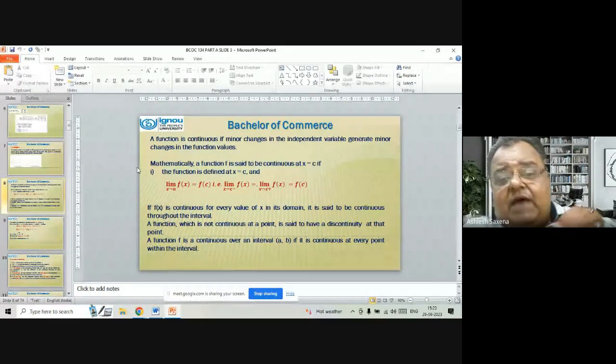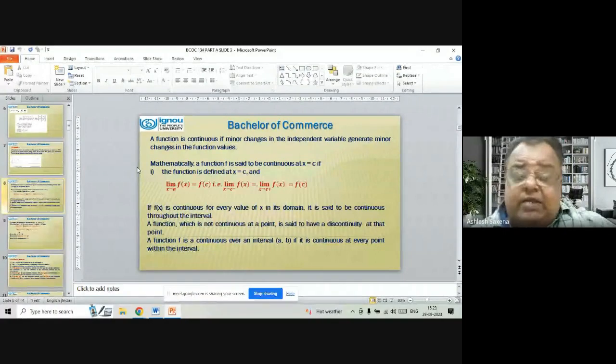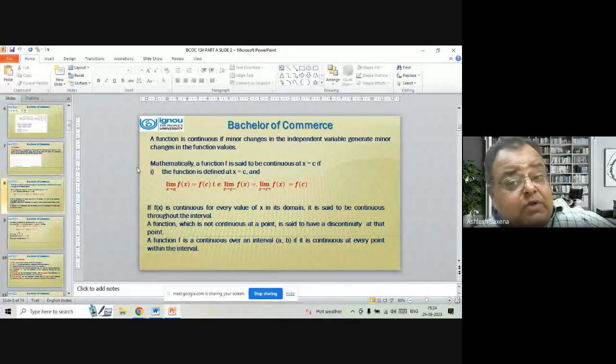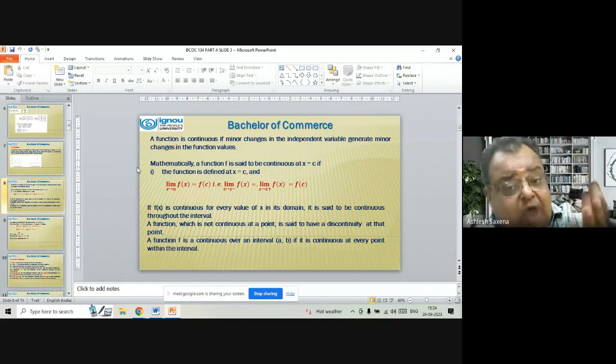Mathematically, a function f is said to be continuous at x equal to c if, number one, the function is defined at x equal to c. Number two, limit x tends to c of f(x) is equal to f(c).